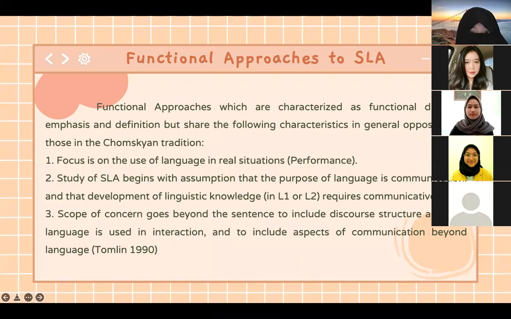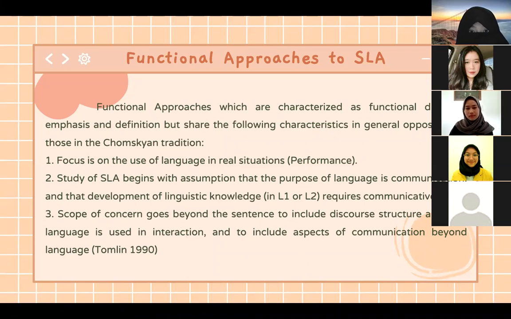And we move to the material, functional approaches to SLA. Functional approaches, which are characterized as a function, differ in emphasis and definition, but share the following characteristics in general opposition to those in the Chomskyan tradition. 1. Focus is on the use of language in real situation or performance. 2.